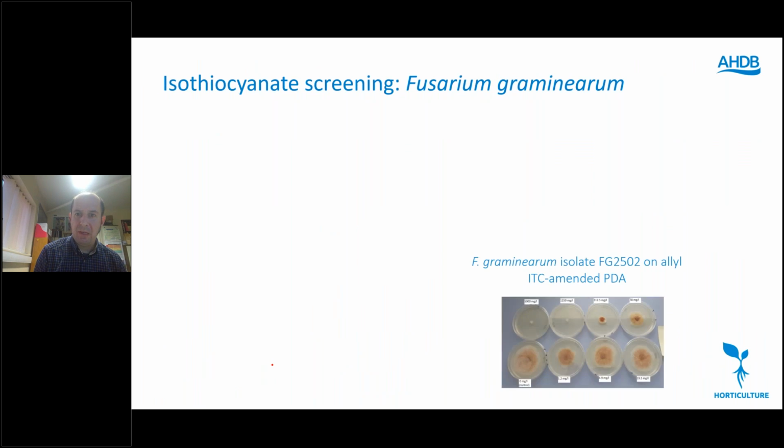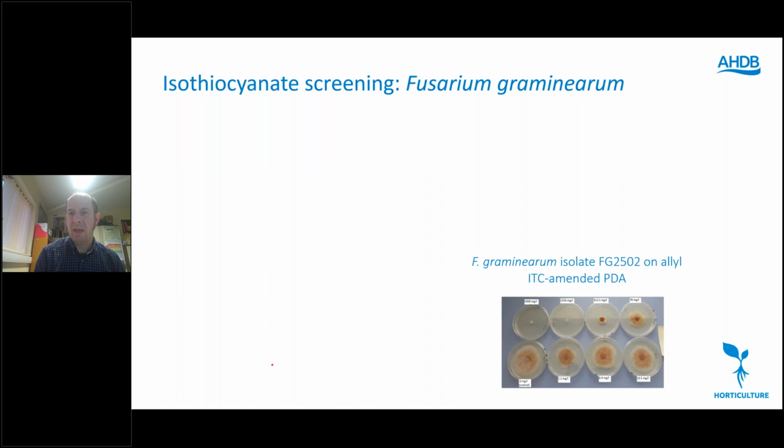So here's just a little bit of other evidence that we've got on biofumigants working. We can see here this is Fusarium graminearum. This is a pathogen that causes Fusarium ear blight in wheat, and it's important because of fungal poisons, mycotoxins. And this is just looking at the active ingredient of biofumigants.